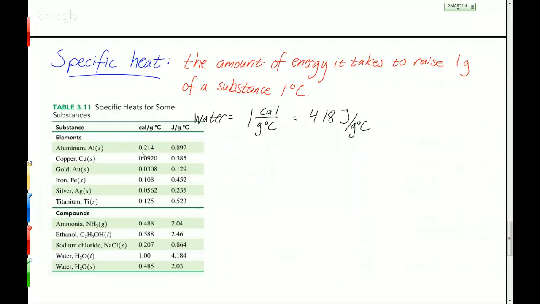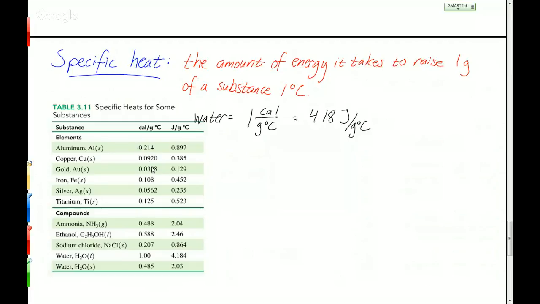So only 1/5 of the specific heat of water, which means that if water goes up 10 degrees, aluminum is going to go up 5 times that. Or, another way of saying that, it's going to take a fifth of the amount of energy to raise the aluminum.